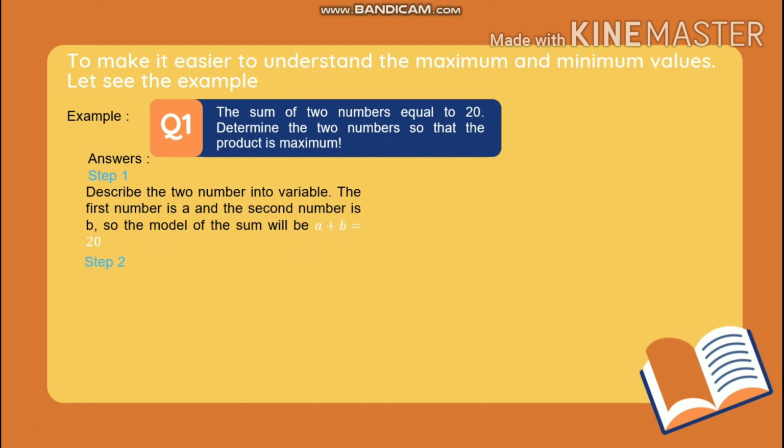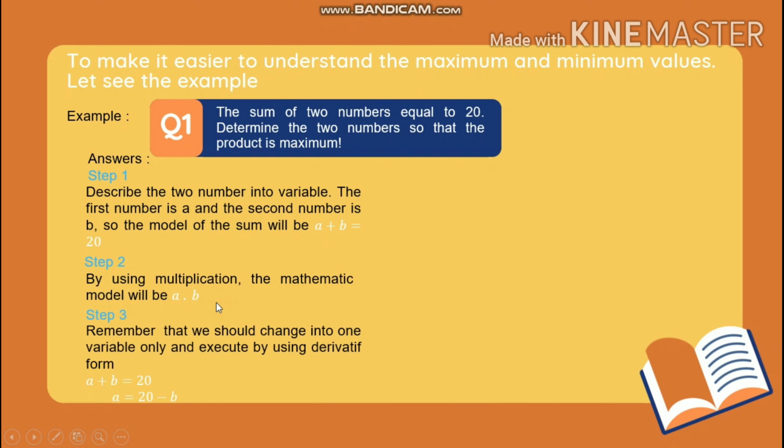Step 2, by using multiplication, the mathematical model will be A multiplying by B. Step 3, remember that we should change into one variable only and execute by using derivative form. A plus B equal to 20, so A equal to 20 minus B.